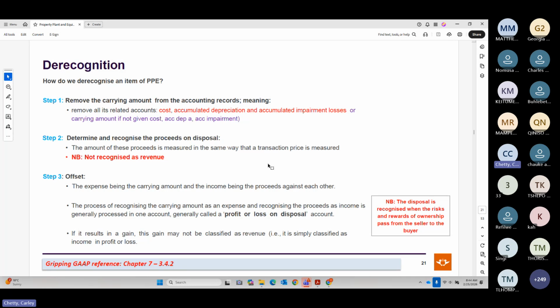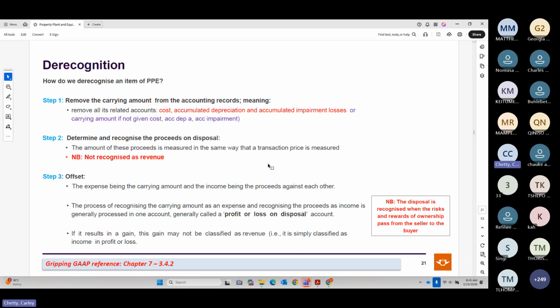And this process of setting off the carrying amount of the asset and the proceeds is going to result in something called profit or loss on disposal, okay? So we'll get a profit or loss, and we do this in an account called the profit or loss on disposal account.